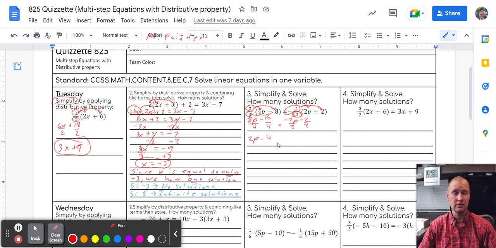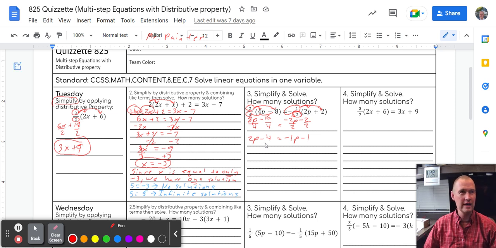Look how much nicer it is. Way nicer. Equals, let's see how the other side cleans up. We got a -2p divided by +2 is going to give us -1p minus -2 divided by 2 is going to give us -1.